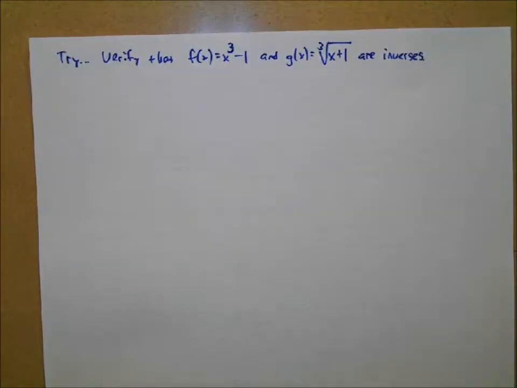So verify that f of x equals x cubed minus 1 and g of x equals the cube root of x plus 1 are, in fact, inverses of each other. I'll do that too.